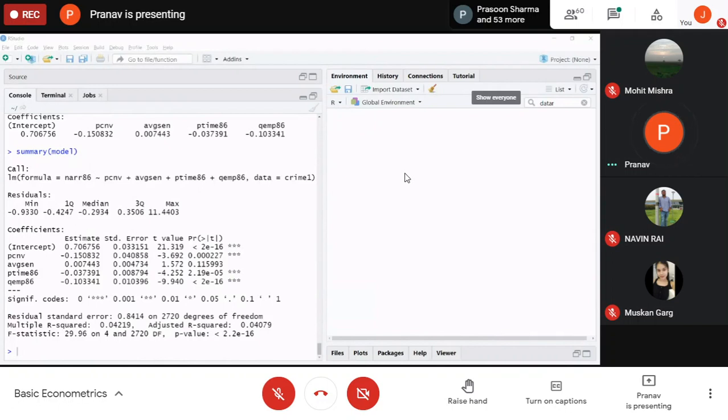इसी को to overcome this problem, because again, अब कोई रिसर्चर 99% रखना चाहेगा, कोई रिसर्चर 95% रखना चाहेगा, कोई रिसर्चर 90% रखना चाहेगा.